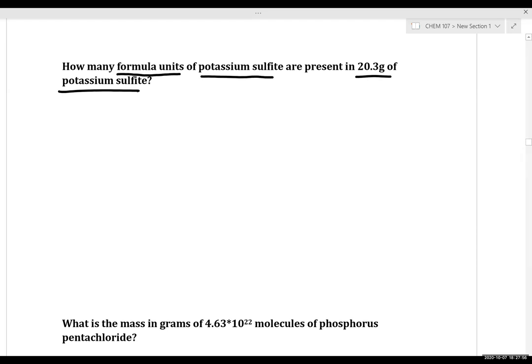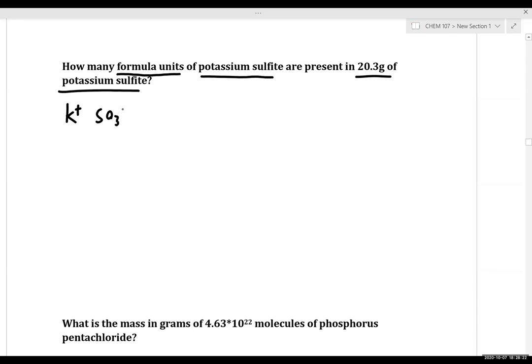So our first order of business is to figure out the formula. So potassium sulfite. Does anyone have a proposed formula for potassium sulfite? K2SO3.